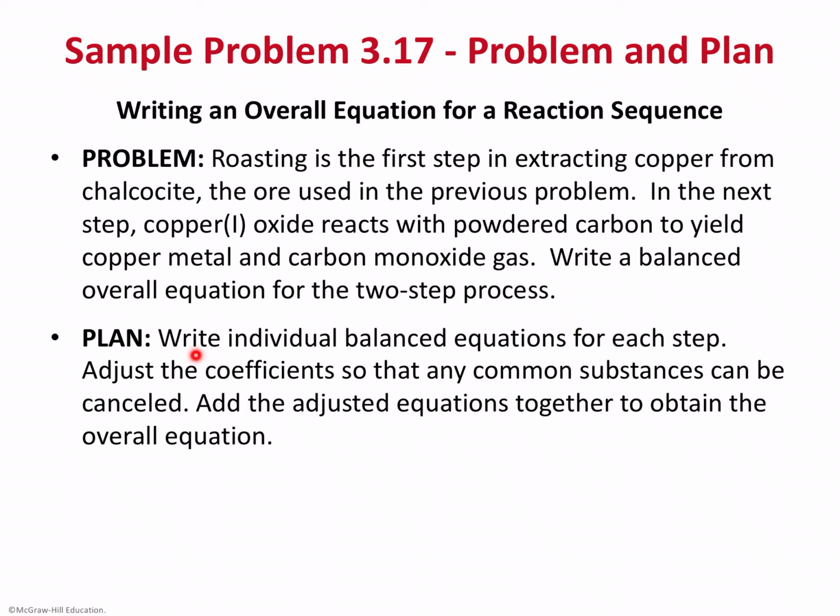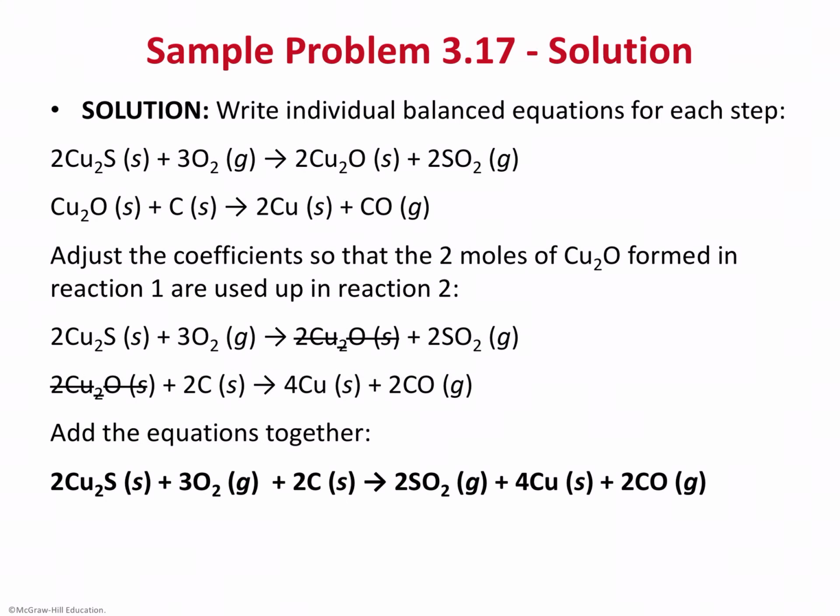So what we're going to do is write the individual balanced equation for each step, and we're going to adjust the coefficients so that any common substances can be cancelled, and then add the equations together to obtain the overall equation like this.